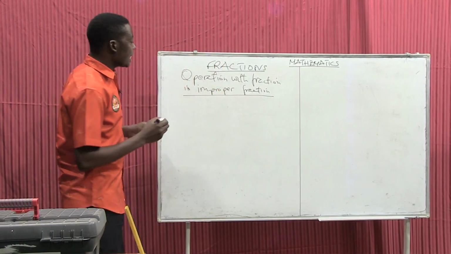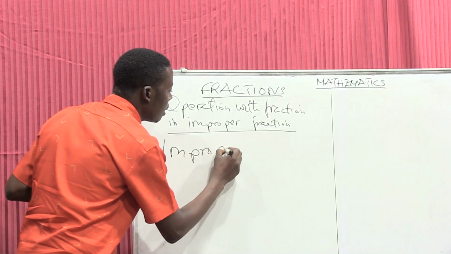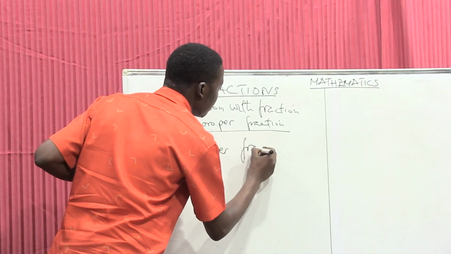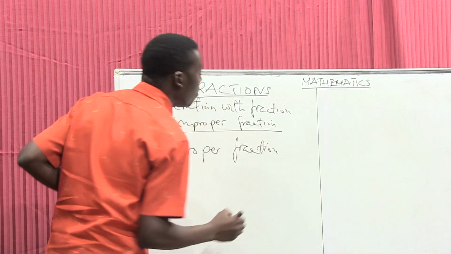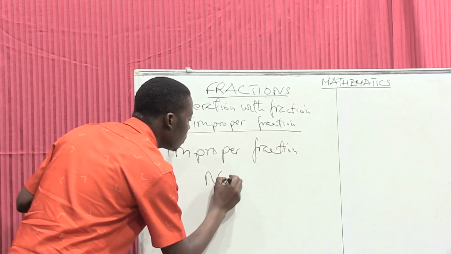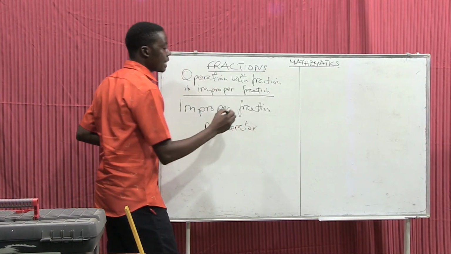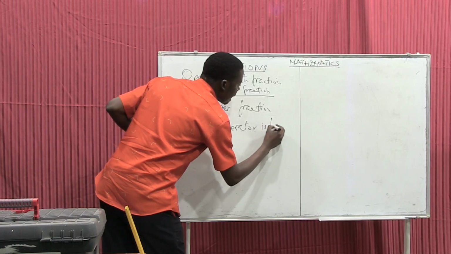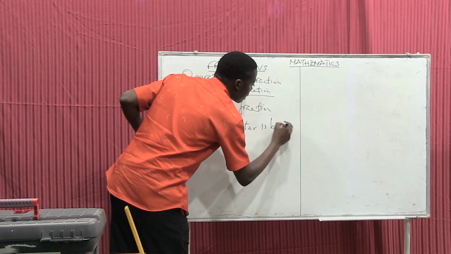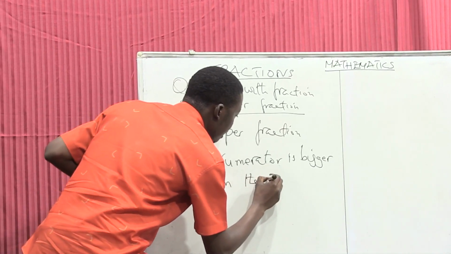We said that an improper fraction is a fraction whose numerator is bigger than the denominator.